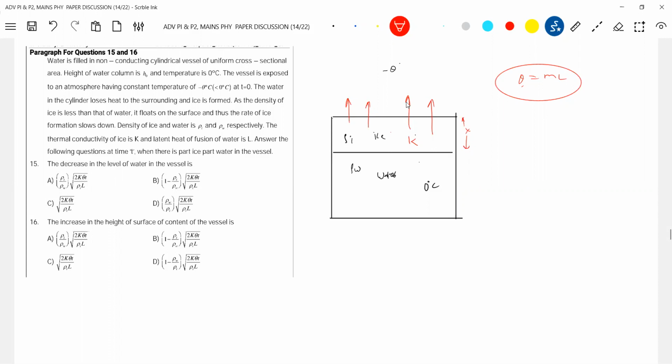So now you get into the problem. What method do you have to apply? The heat transferred here, I will write it as H.